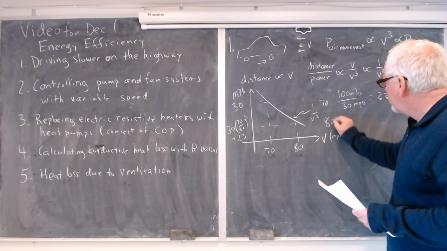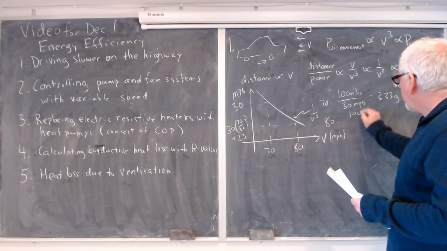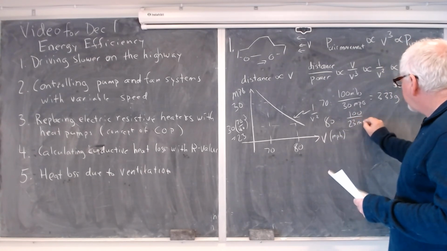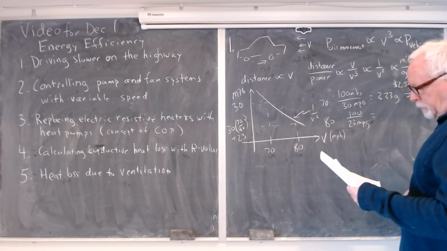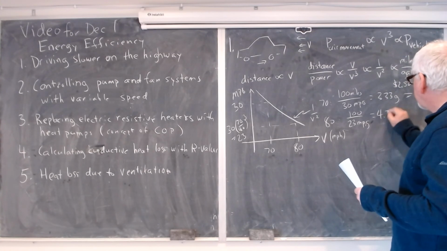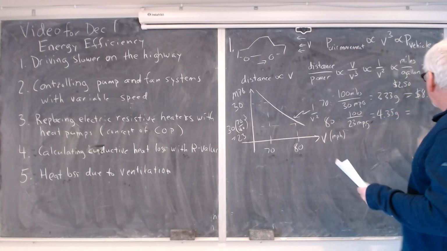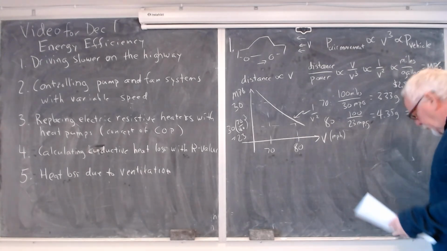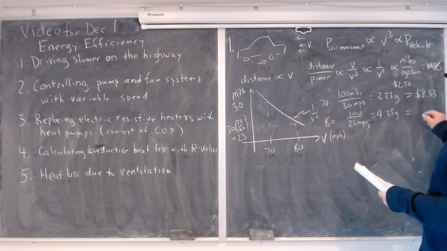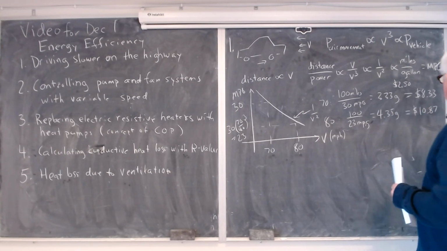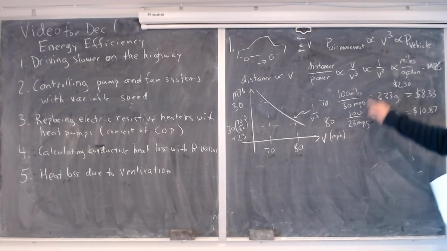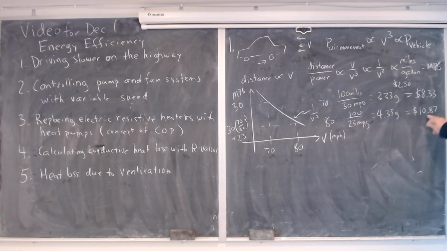And at 80, that same 100-mile trip at 23 miles per gallon took 4.35 gallons. And at 2.50 a gallon, that then cost you $10.87. So if you were to take the same 100-mile trip going 70, you would save about $2.50 at that price of gas.